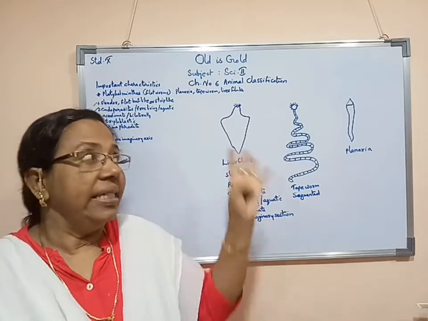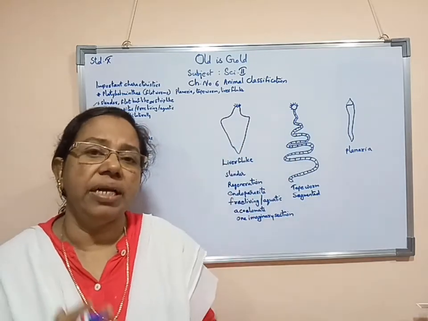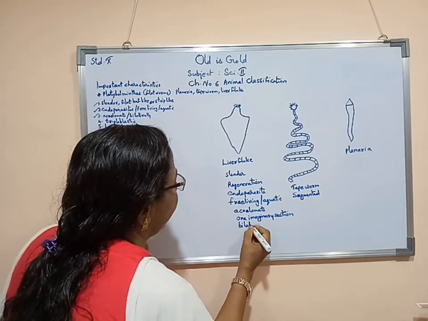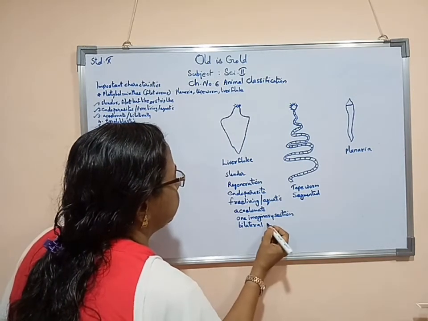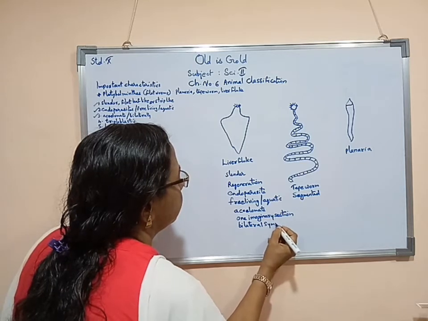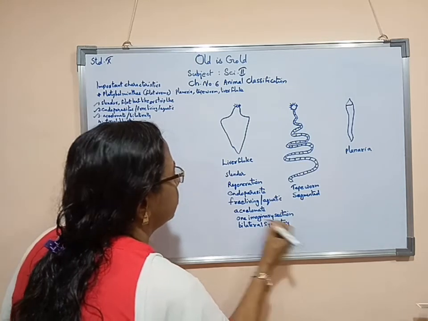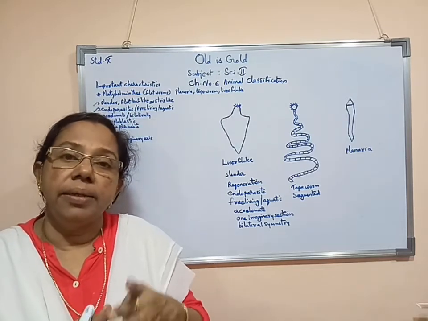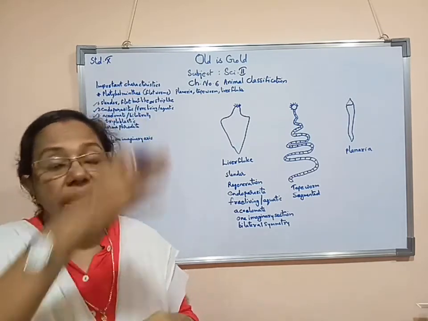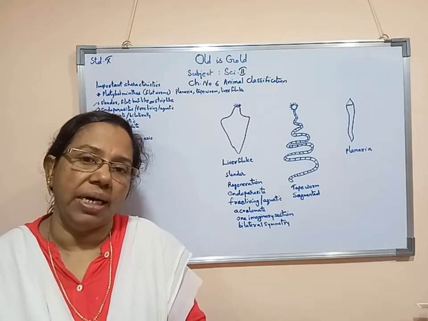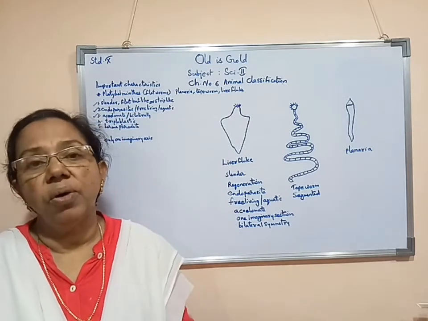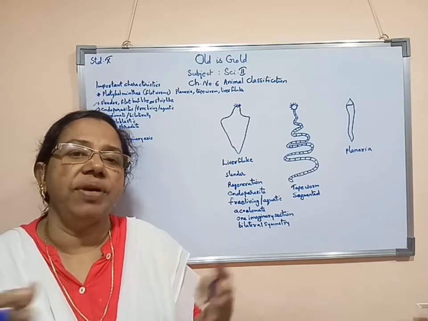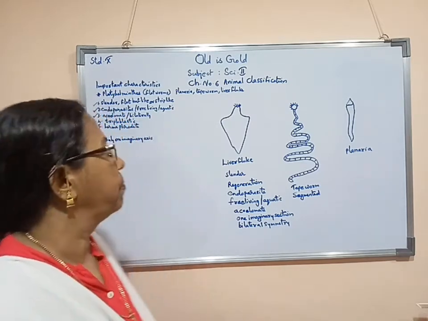So we can say that all these organisms have bilateral symmetry. We can cut them only in one way. Anyhow, if you cut otherwise, we won't get two equal halves. Why? Because they have only one imaginary section. Through that, if we cut, we will get two equal halves.